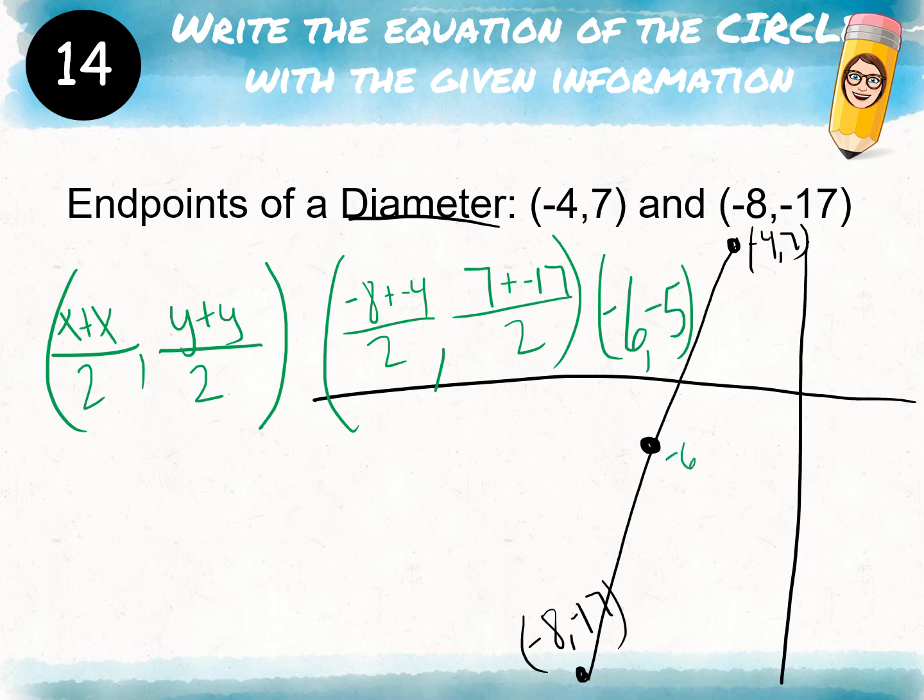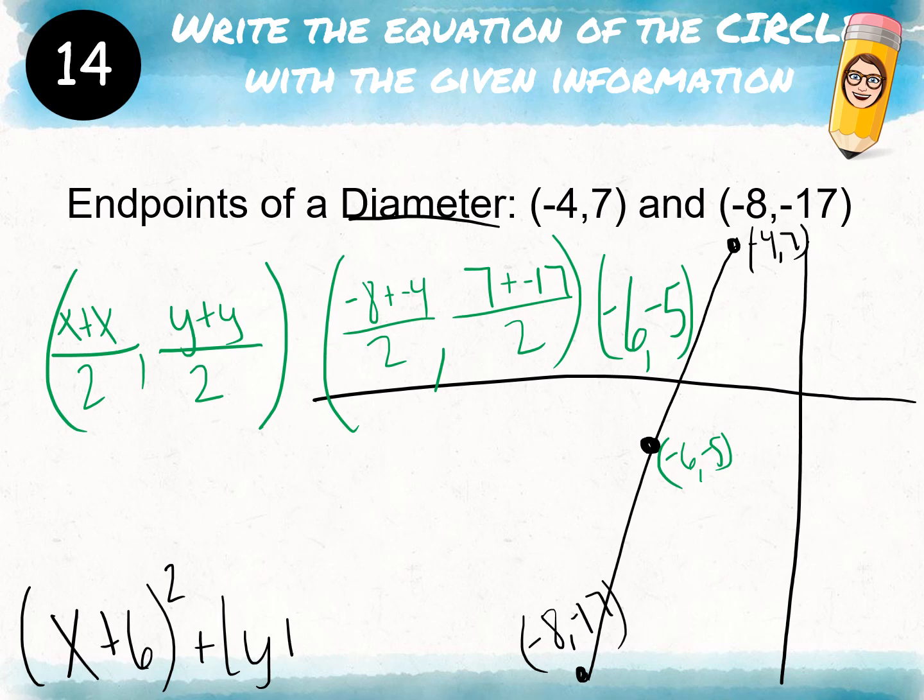So does that make sense for my middle value? Yeah, it does, right? Don't leave something that doesn't make sense. So I have my center point. If it's -6, I write +6. I forgot my plus sign. If it says y -5, I write +5, quantity squared.